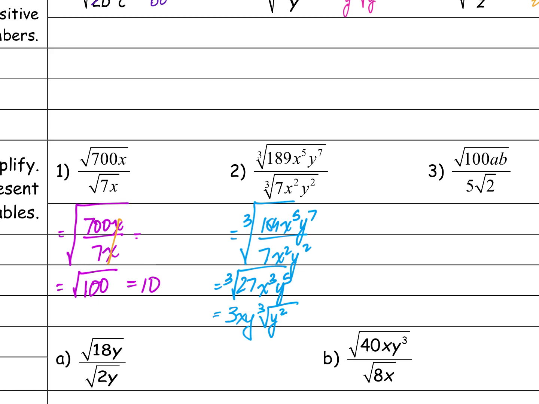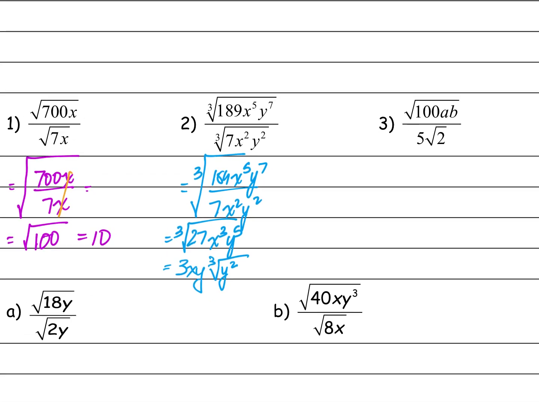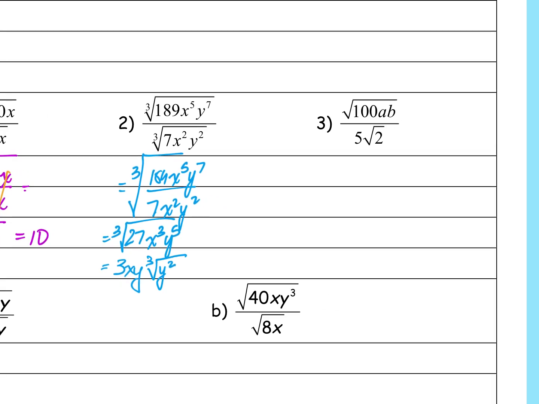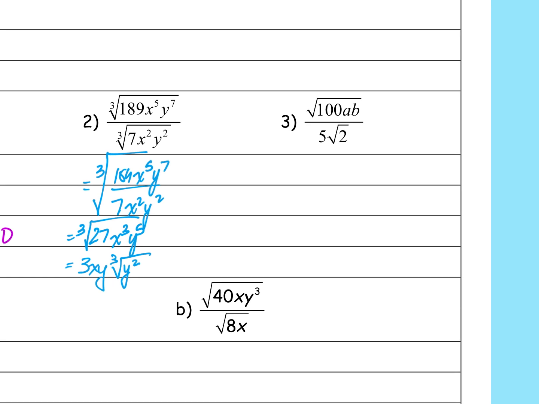Okay. Oh, this is an interesting one. Okay, so let's see if I can do this. So I've got 1/5, the square root of 100 AB all over 2. 2 goes into 100 50 times.